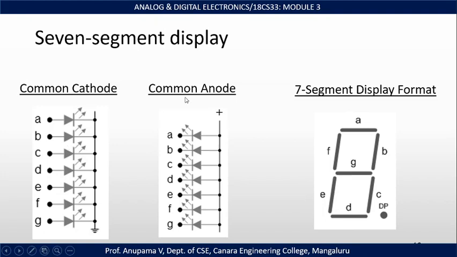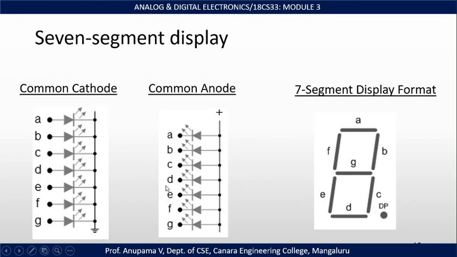In the case of common anode type of 7 segment display, all the anodes are connected and these are connected to high, or it is connected to the power supply. The individual cathodes are given the input value.